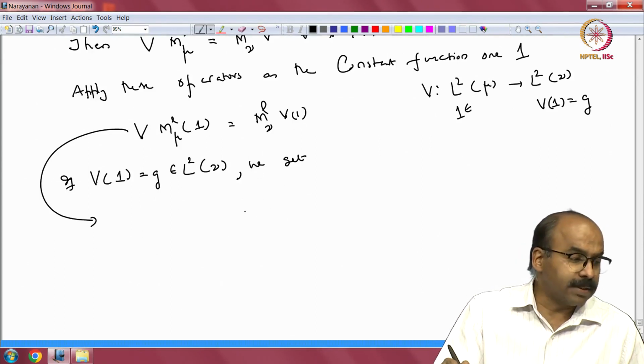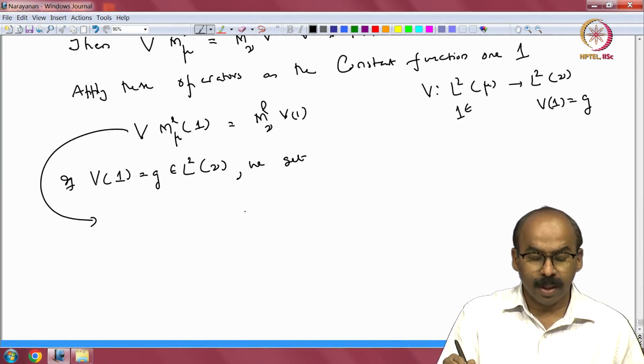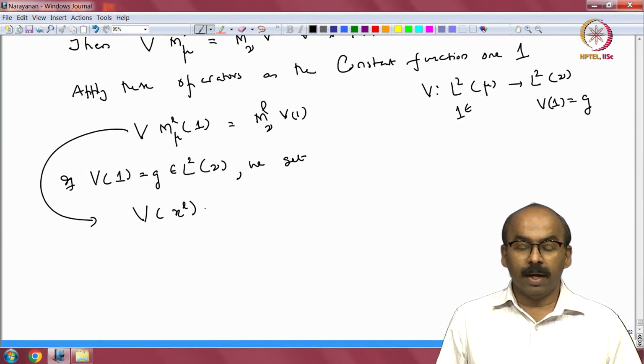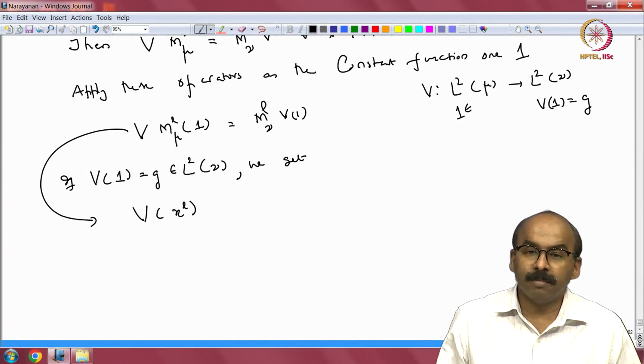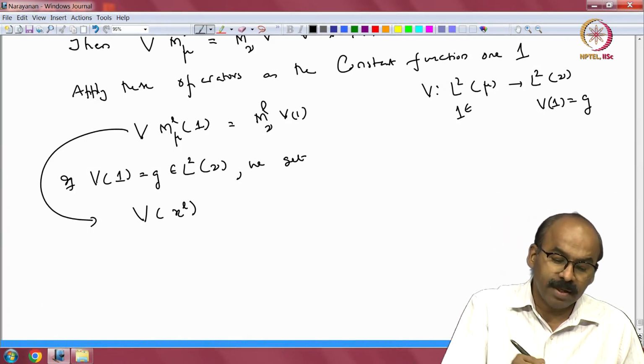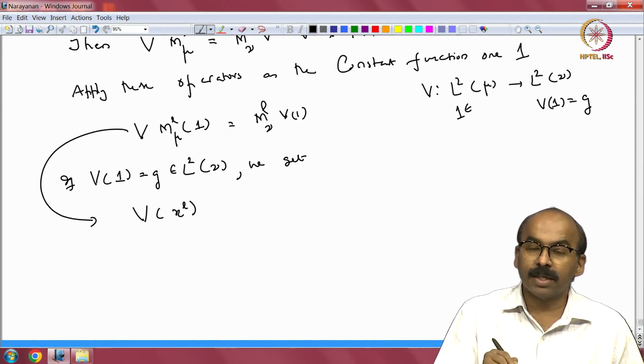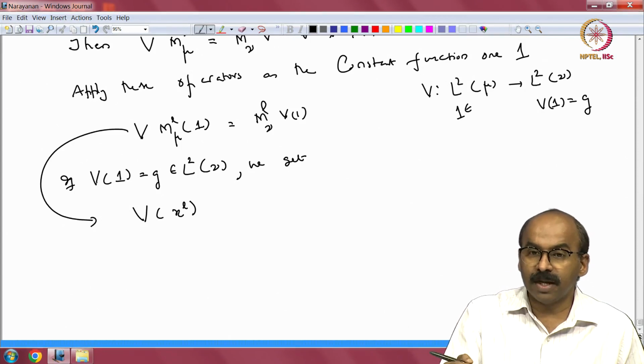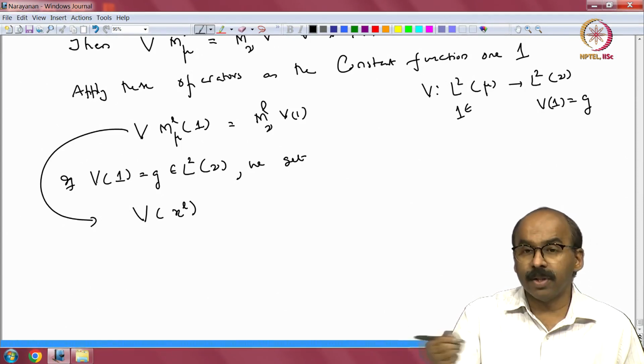So, on the left hand side we have V acting on m mu to the L acting on 1, that is simply x to the L, right. So, when I say V acting on x to the L, I am looking at x to the L as a function in L2 of mu, the left hand side, and V will take it to the right hand side, right.